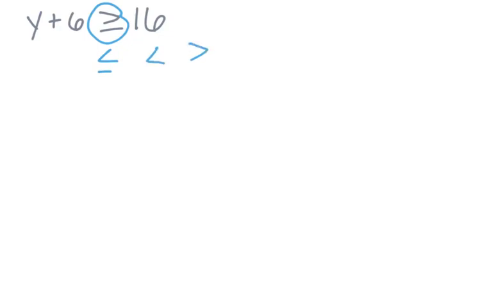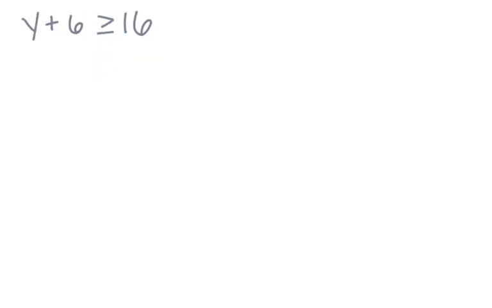That's what makes it an inequality. So we're still going to start by solving for y. So we're going to subtract 6 from both sides, so we can get that y has to be greater than or equal to 10. So our number sentence is true when y is any number greater than or equal to 10, and the sentence is false when y is any number less than 10.